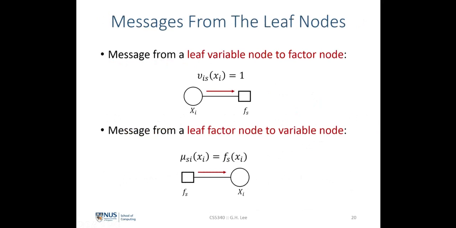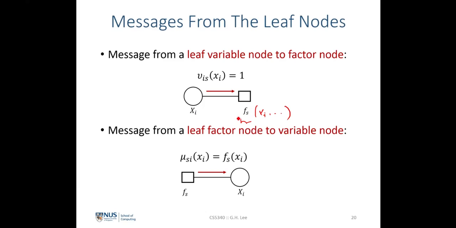So we'll further define the message from a leaf random variable node to a factor node as 1, since in this case we have seen earlier that the factor would directly be a function of xi. So there isn't a need to do anything when we are passing a message from a leaf node of random variable xi to a factor node fs.